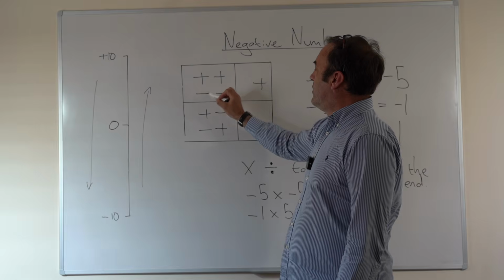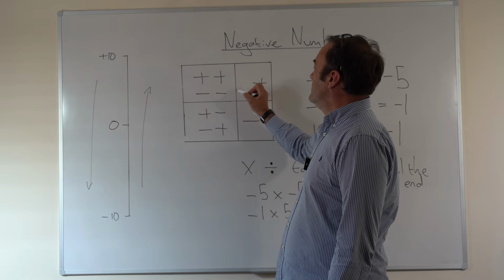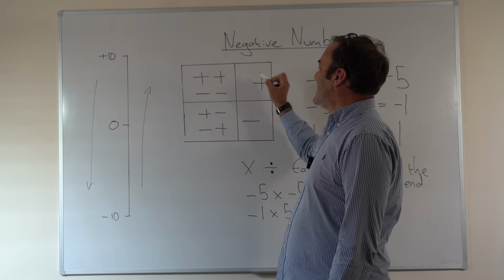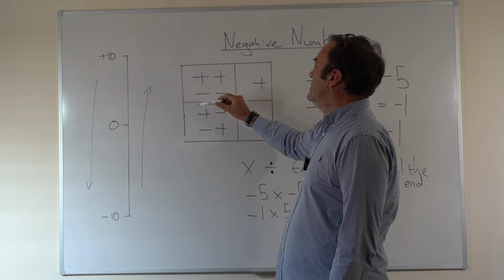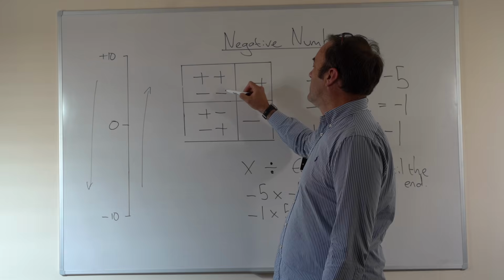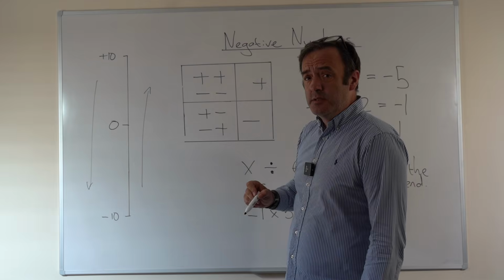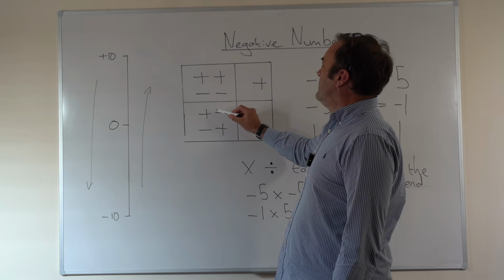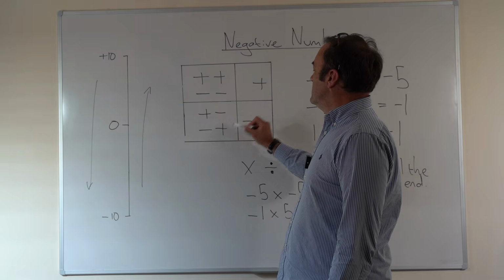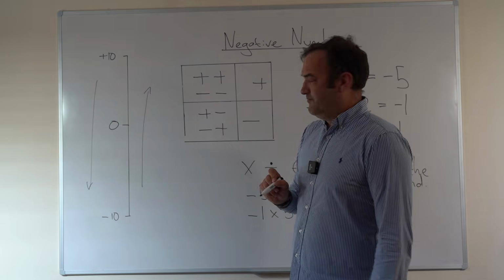So 1 minus minus 1 is the same as adding. So 1 minus minus 1 will be 2. When we've got signs that are different, it's the same as subtracting.